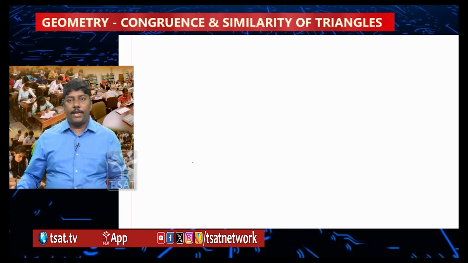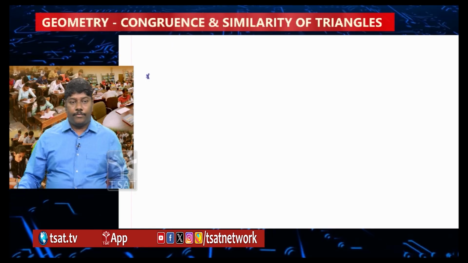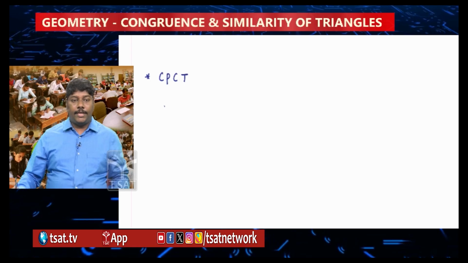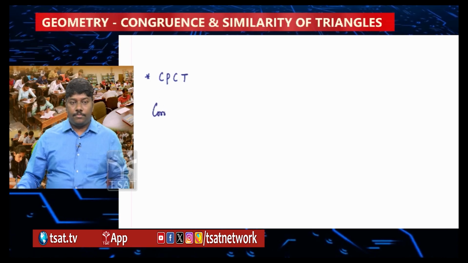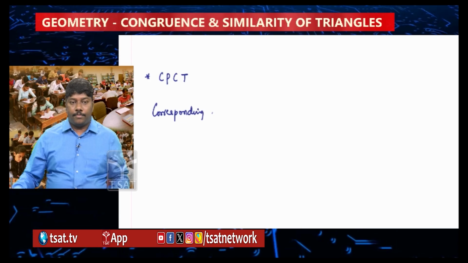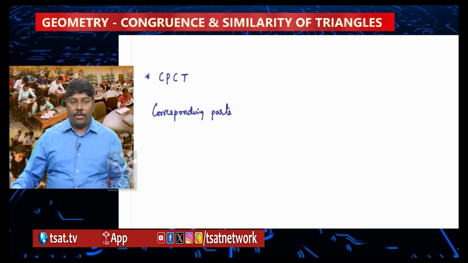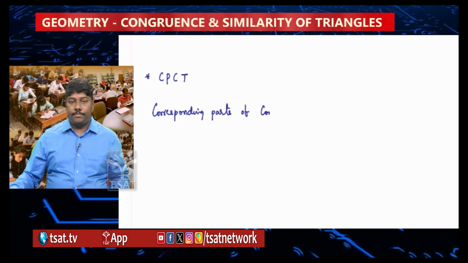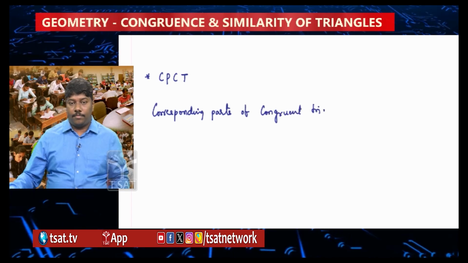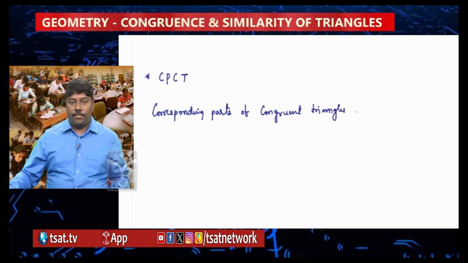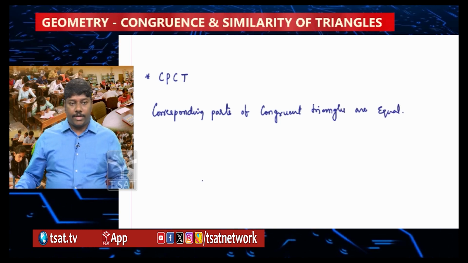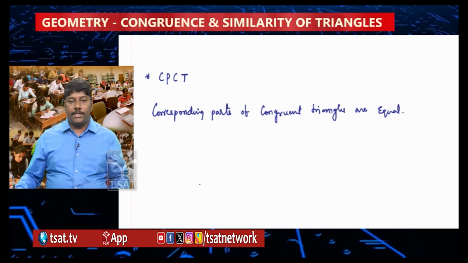What happens if two triangles are congruent? We say CPCT: corresponding parts of congruent triangles are equal. If you know that two triangles are congruent, their corresponding parts are equal.